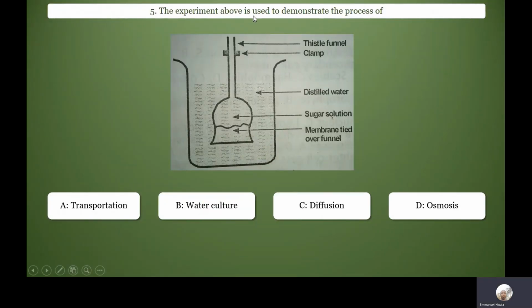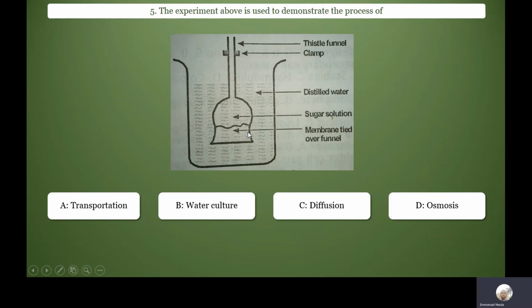The above experiment is used to demonstrate the process of osmosis. Osmosis is the movement of water molecules from a region of higher water concentration to a region of lower water concentration through a semi-permeable membrane.